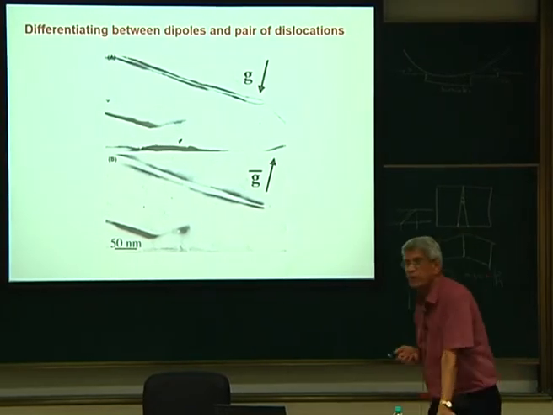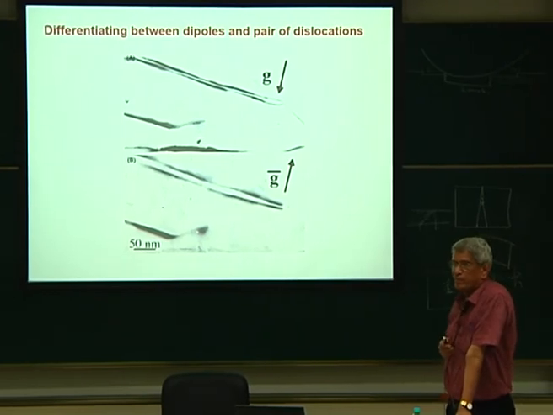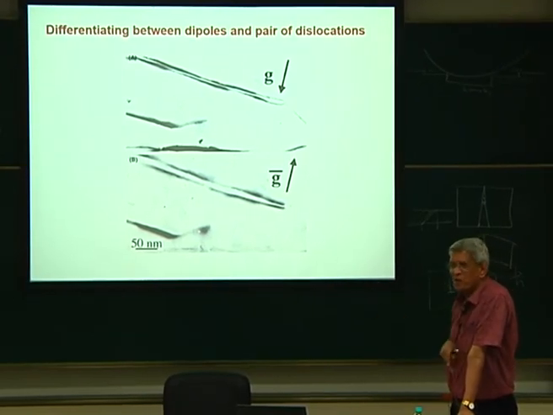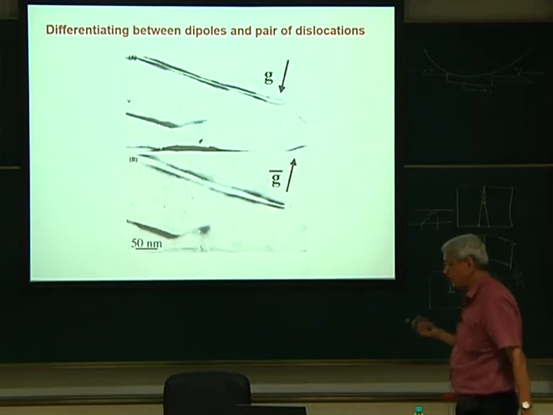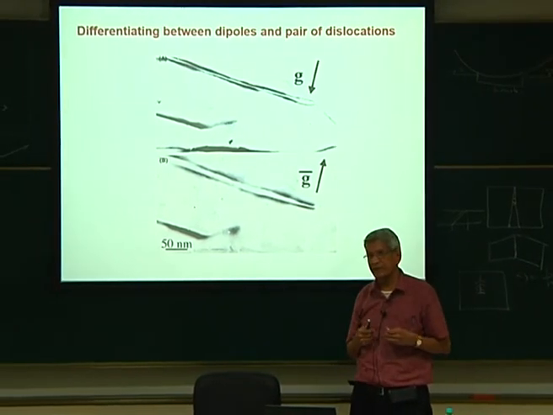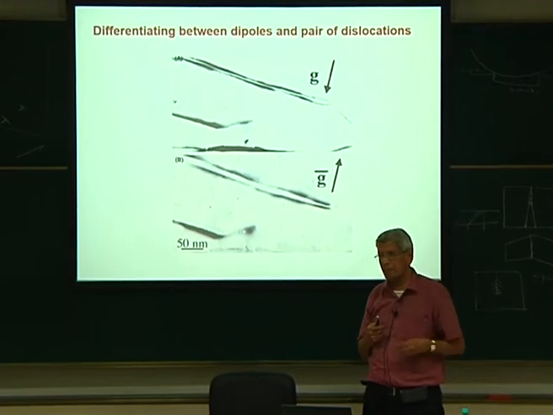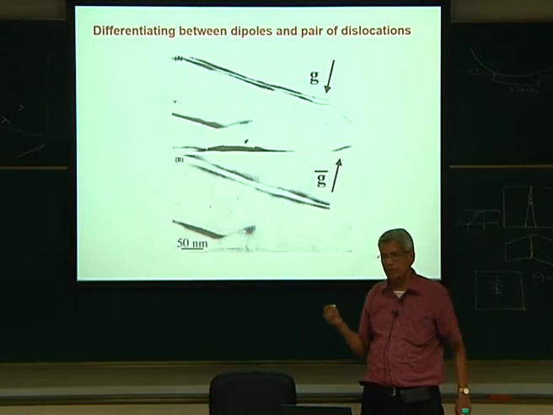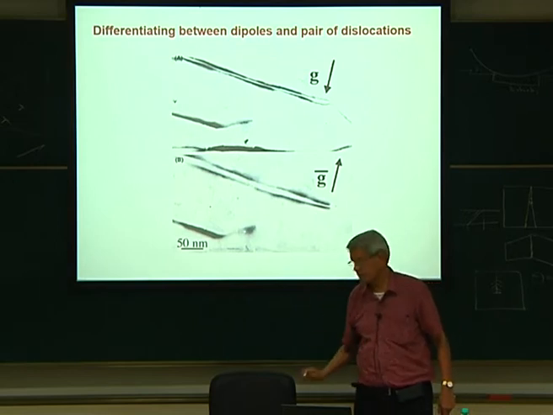Another thing which is very important is that we talked a lot in the last 4 days about dipoles, right. In a microscope, how do you identify it's a dipole? What can happen is that in a sample which contains second phase particles, like gamma prime in superalloys, pairs of dislocations pass through the precipitate and give rise to groups of dislocations, right.